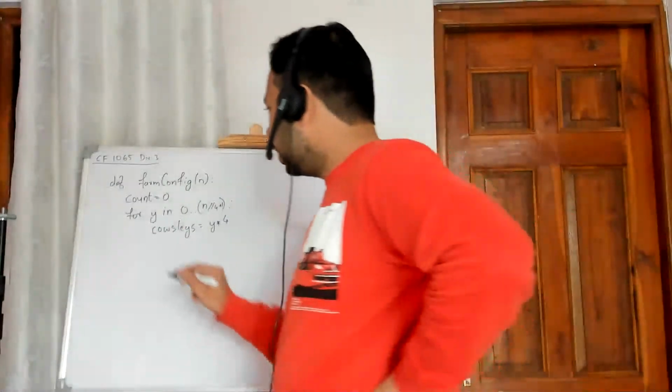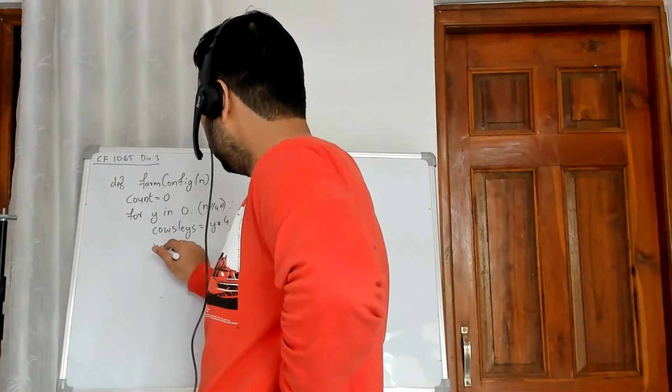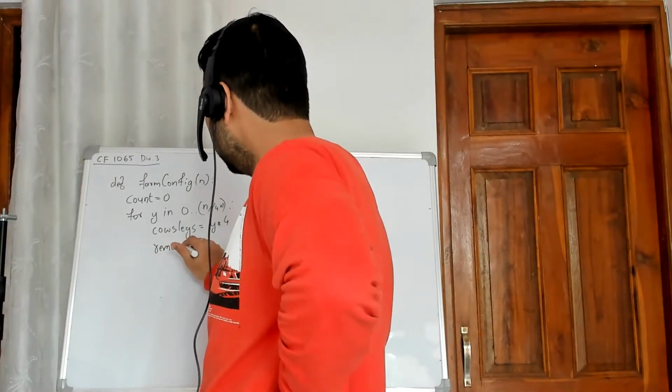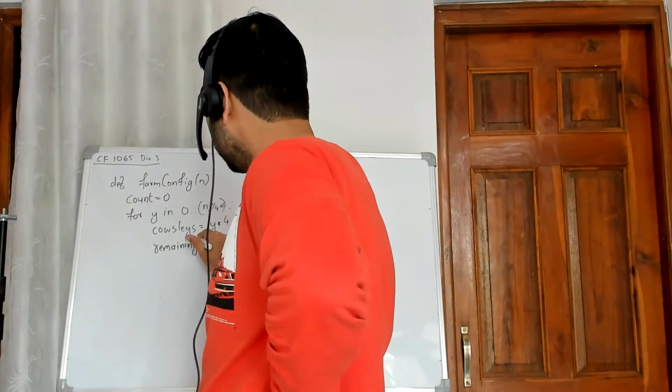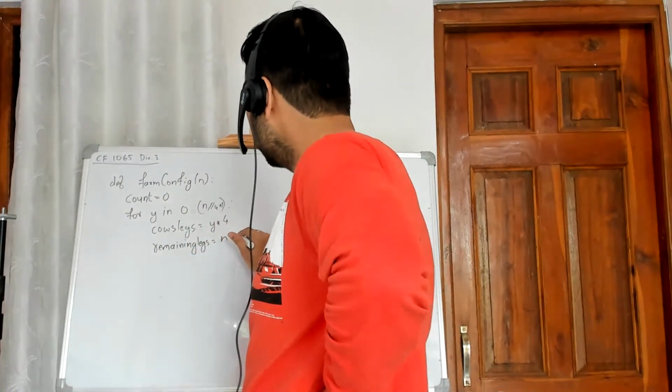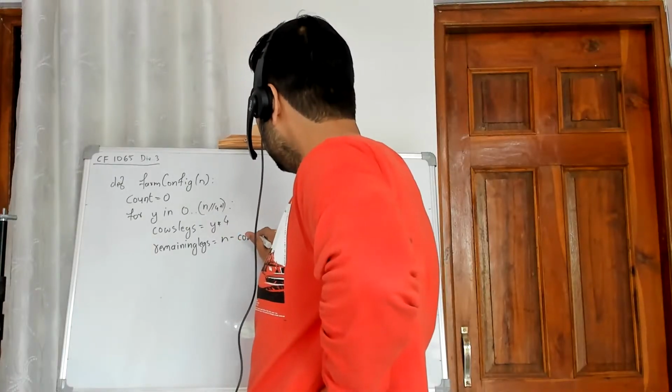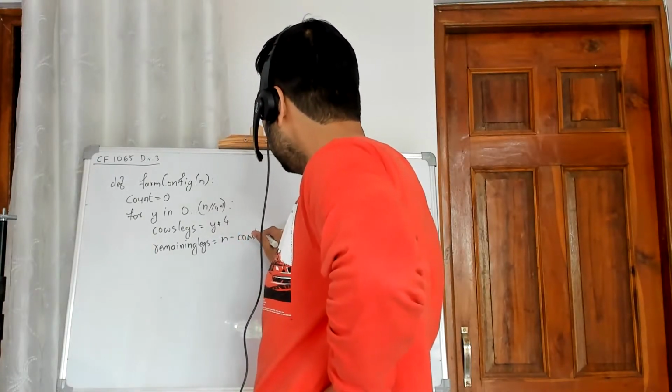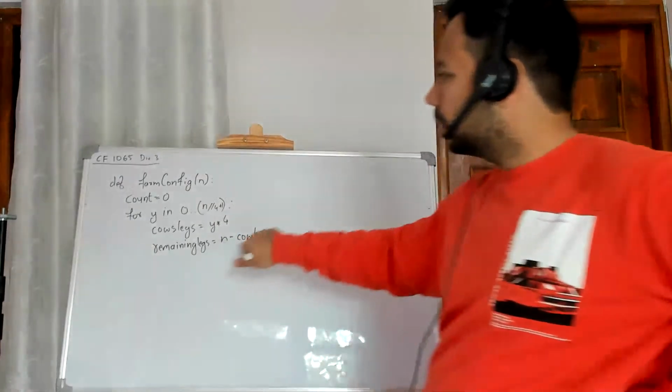What are the remaining legs? Remaining legs is equal to n minus cow legs.